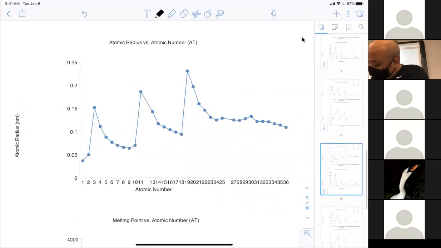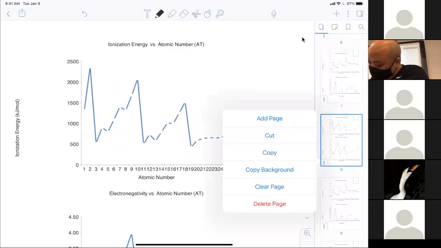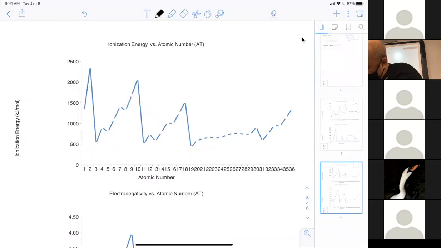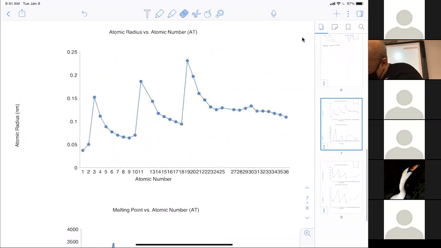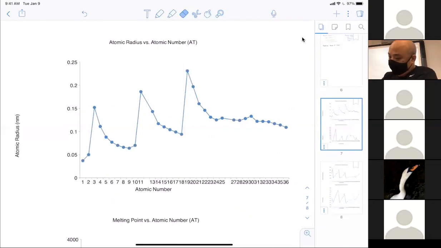I like that one better than this one. Trying to figure out which one I like better. Okay, this one is the same. I think it's still loading. I think that's why. Okay.